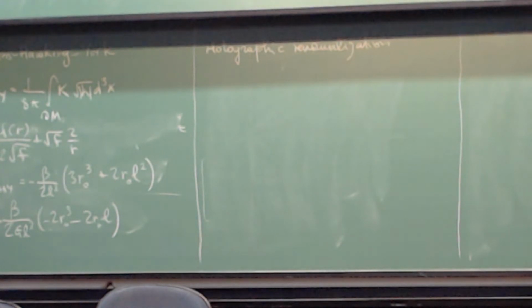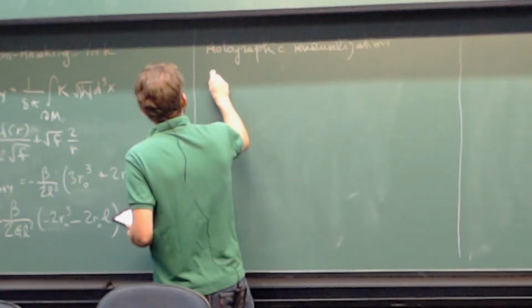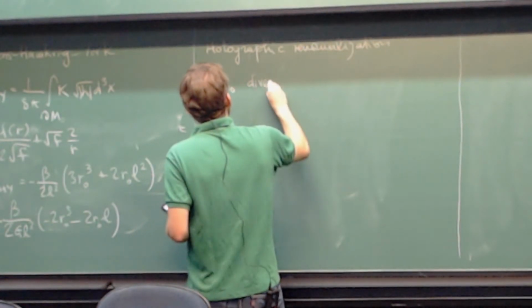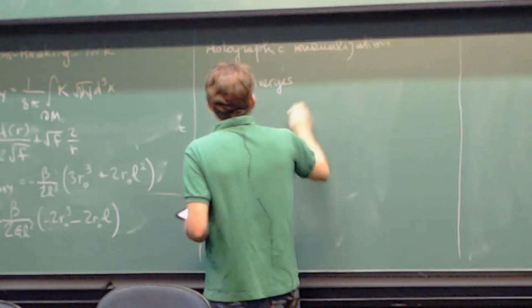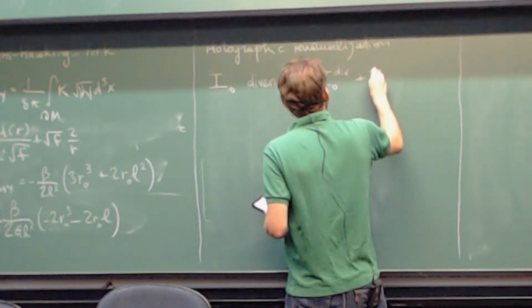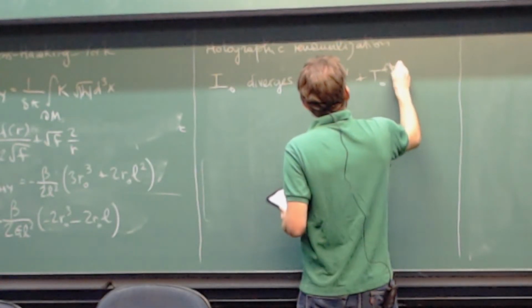So if you do holographic renormalization, the idea is that whatever your original I naught, which diverges, I can write it as I naught divergent plus I naught finite.